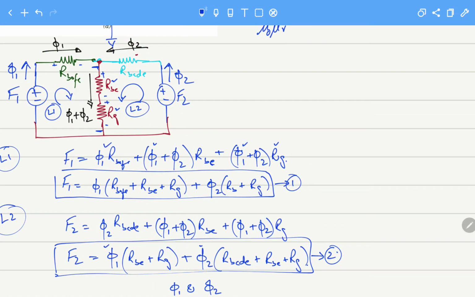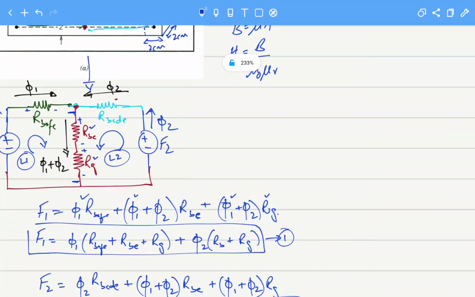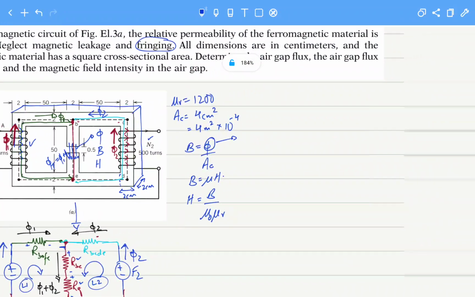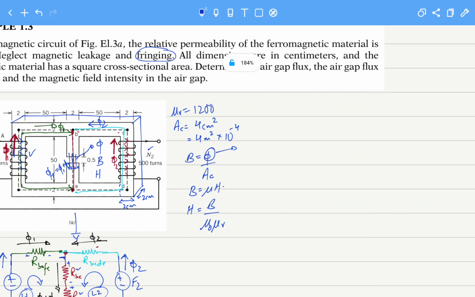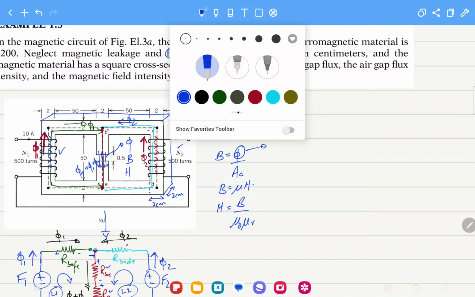So let's see for our equations 1 and 2 what values we can calculate from our given data. The first thing, let's see, can we calculate F1? Yes, we can. Let's change the color and make it red.